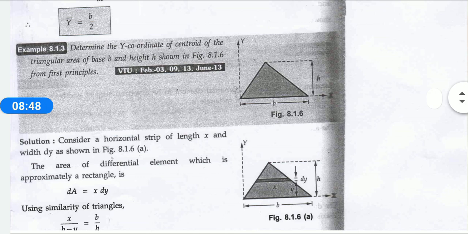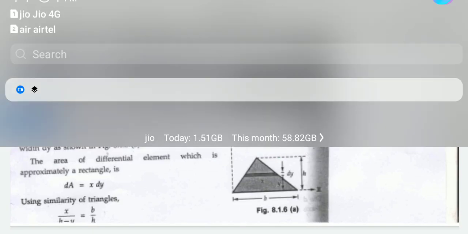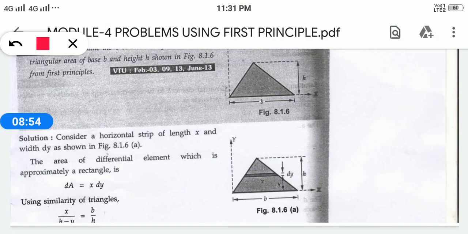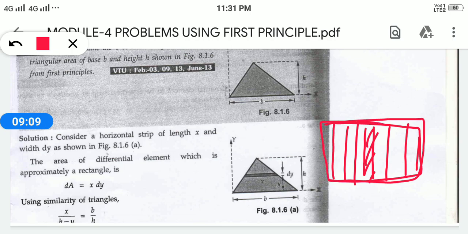Okay, so they have given a triangular element. How will you consider your element stripe here? The element stripe will be defined like this: whenever there is a constant area, you can take a small stripe from it, and if you integrate it, what will happen? You can move the stripe to any part and you can get the whole value. The same principle applies to the triangle also.